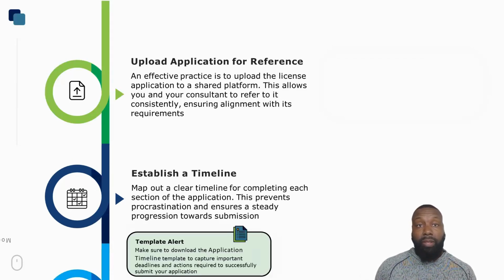So, upload your application for reference. Upload it to a shared platform like Google Documents. This is important. I learned this too. You can have a document that you're working on, that you're checking things off of, and say you're working with me.